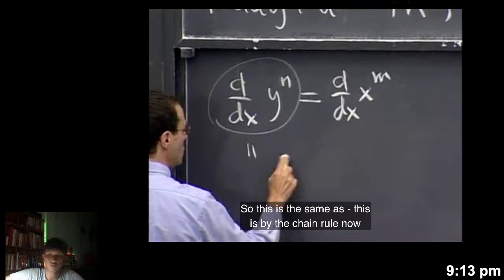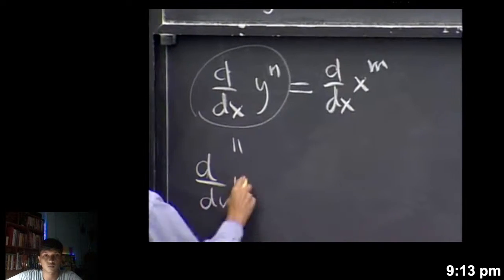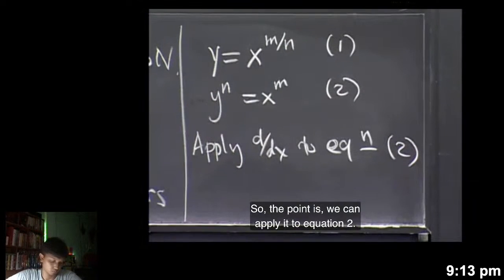Chain rule now. D by dy of what we couldn't do before of y to the n means that we took applied to equation 2.